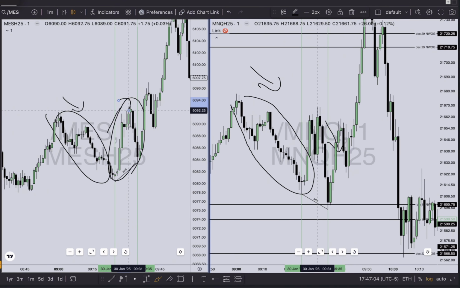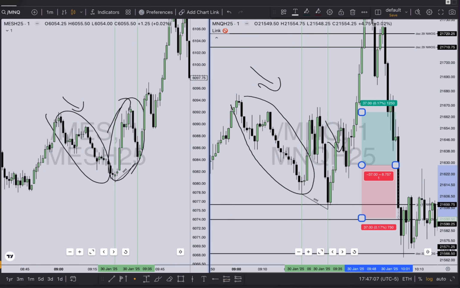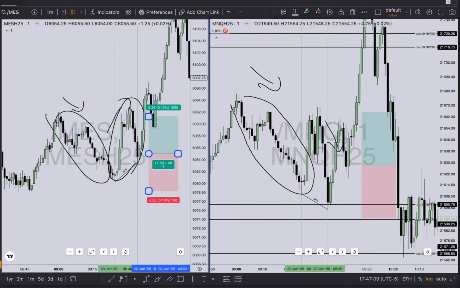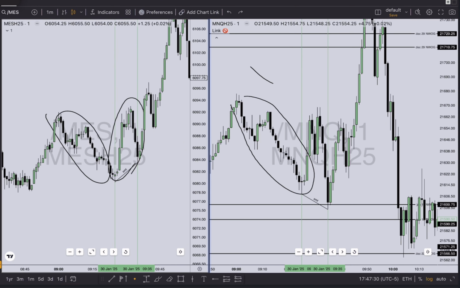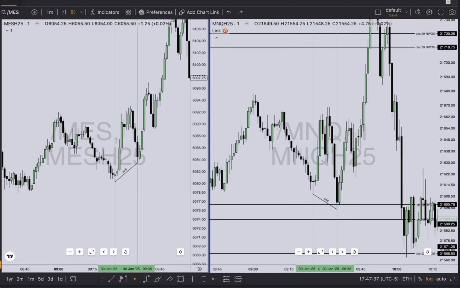So if we're looking to enter longs on either NQ or ES, it just gives us that extra confidence that, okay, if we apply this SMT with other factors that we've learned, then it's higher probability, let's put it like that, right?